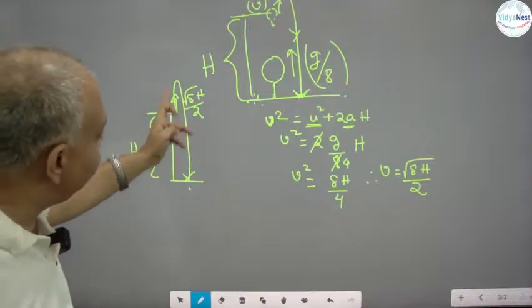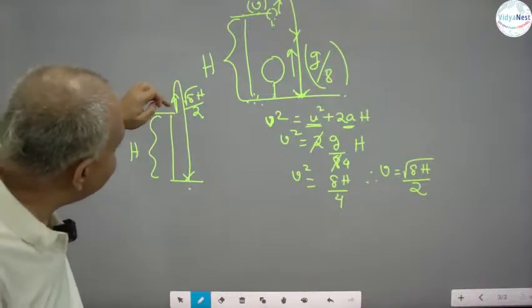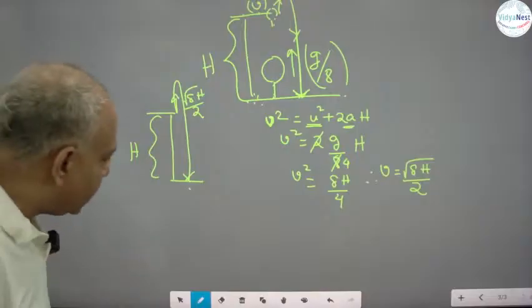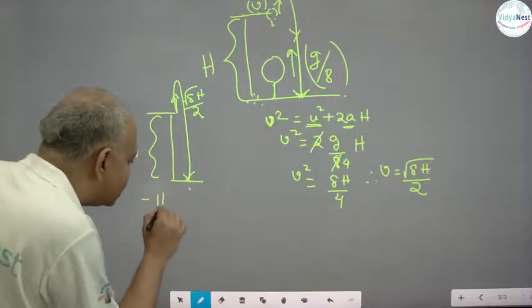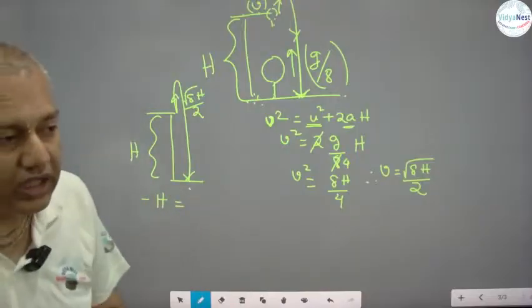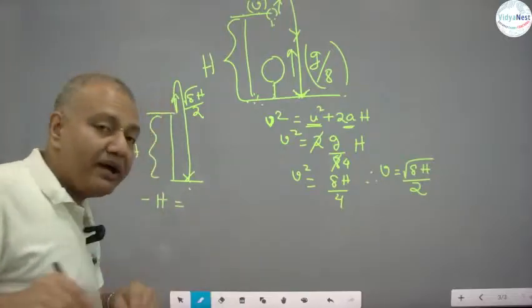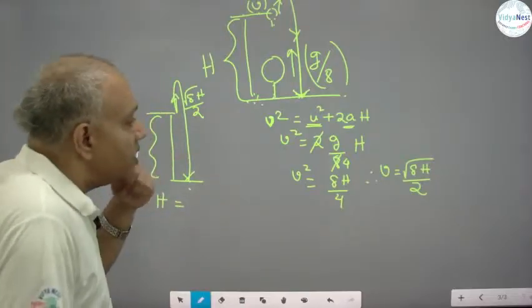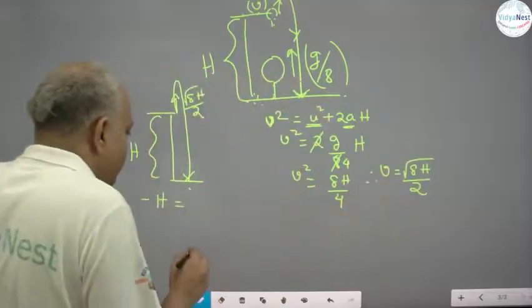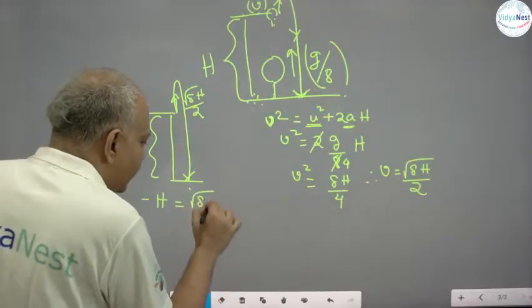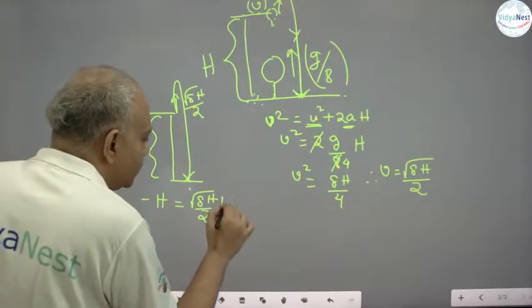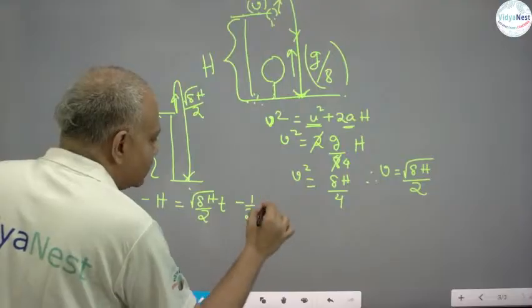Because the initial velocity is upward and the net displacement is downward. That's why we can write minus h is equal to ut minus half gt square, where u is root gh by 2.